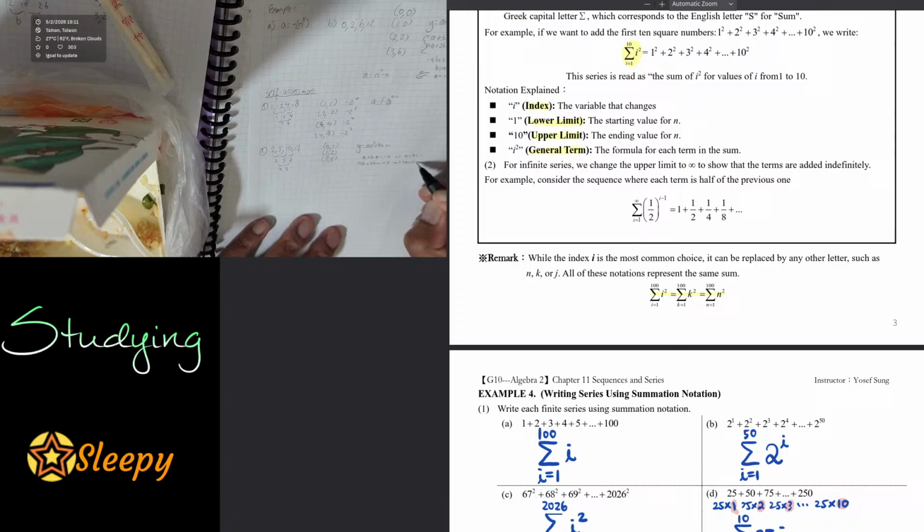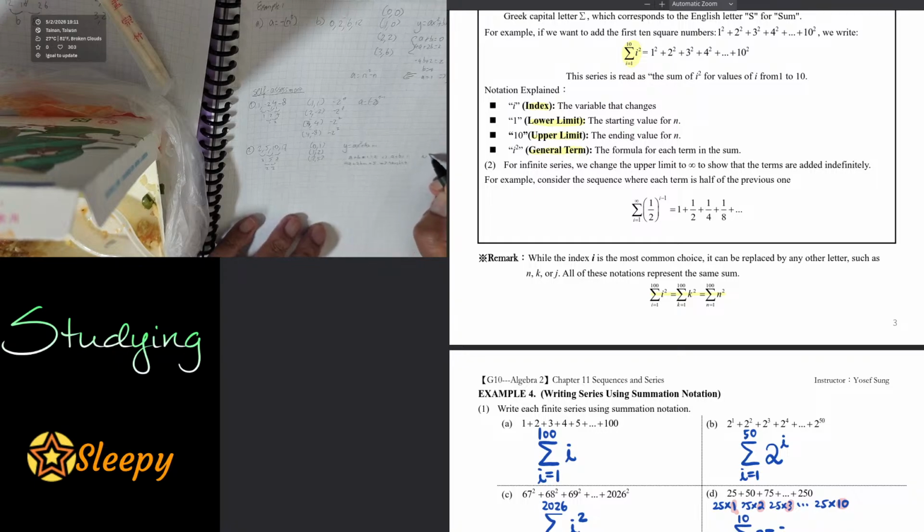So a plus b is 1, and 2a plus b is 2. So b is minus a plus 1. So 2a, so a minus 1 is 2, a is 3, b is minus 2. Yeah, it is wrong this time.